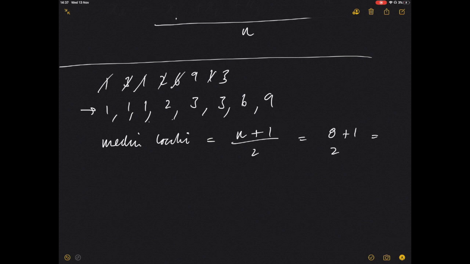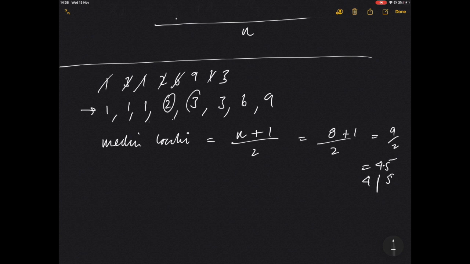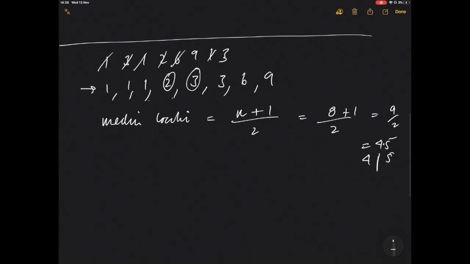This is 9 divided by 2, which equals 4.5. This means our median sits between our fourth and our fifth data point. To calculate our median, we calculate the mean of these: 2 plus 3 divided by 2, which equals 2.5, and that's our median.